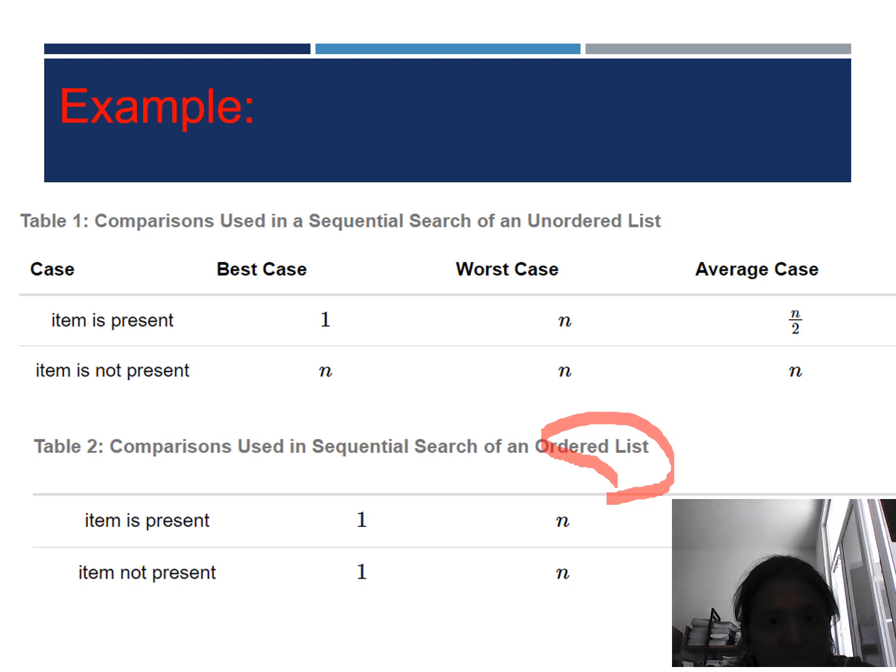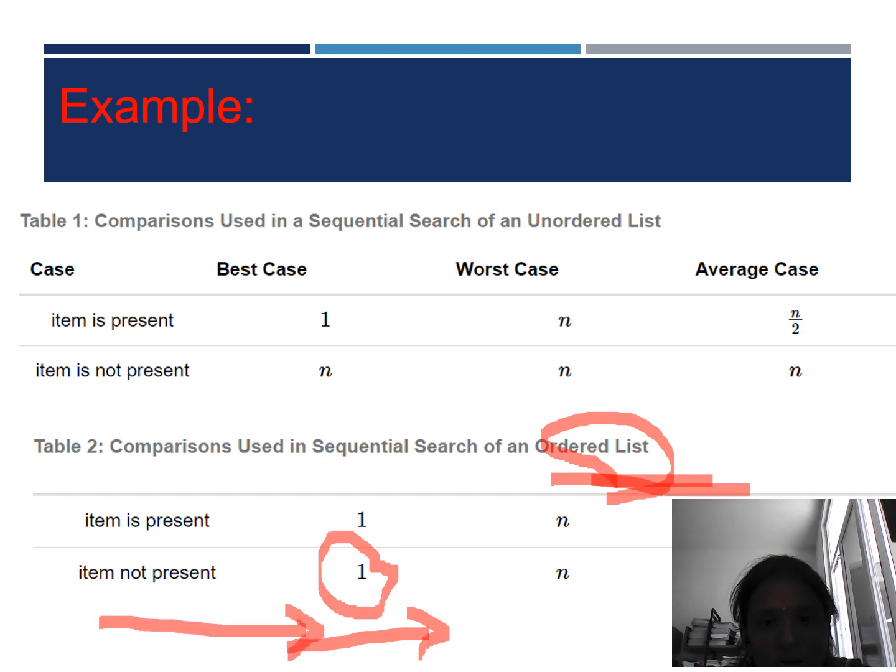In the case where the item is not present, the best case is 1, the worst case is n and the average case is n. Why is it n here when the item is not present? Because it is a sorted list. So we know whether the item is present in the sorted order, so at the first comparison itself we will know. So the best case is 1.